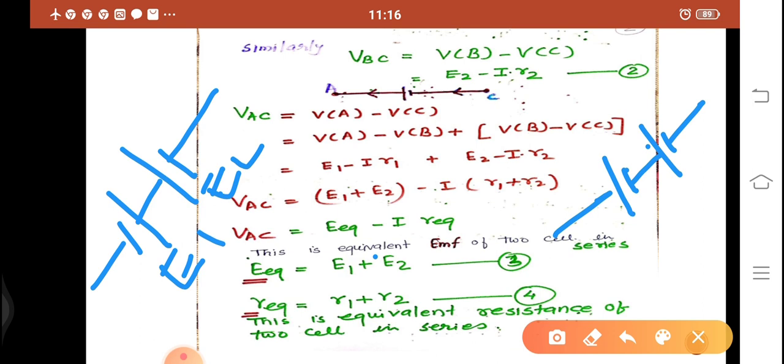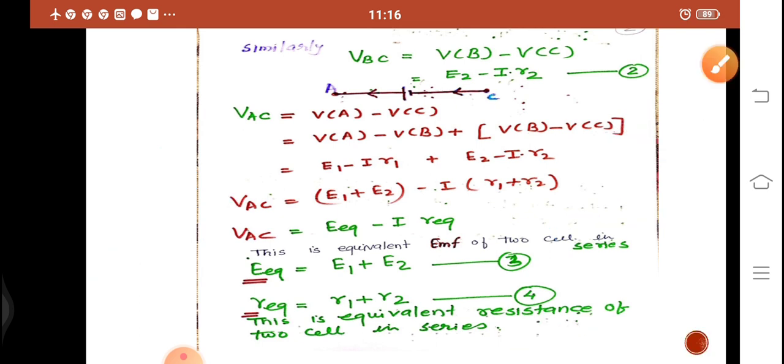And when we have done the derivation for this case, E equivalent is E1 plus E2 and R equivalent will be R1 plus R2. In series combination, internal resistance also adds. Parallel combination we will do in the next period.